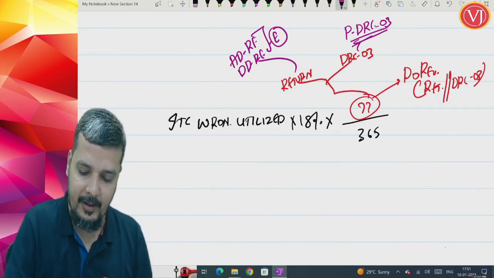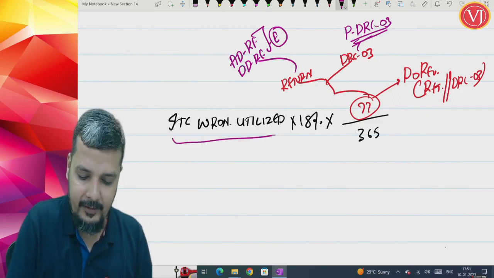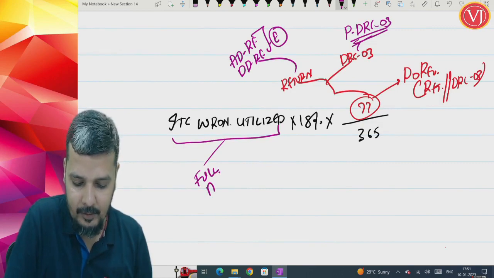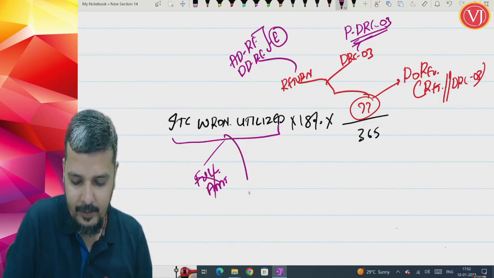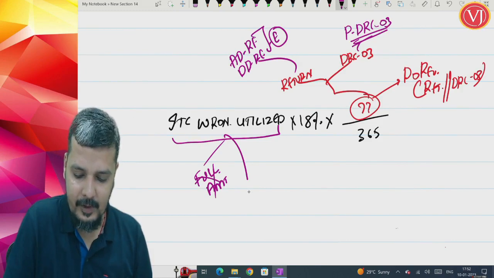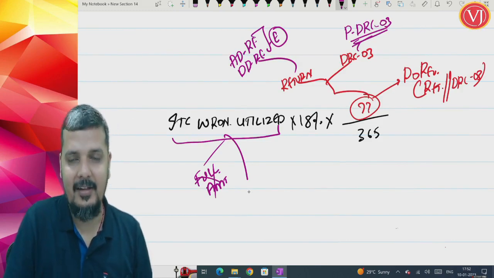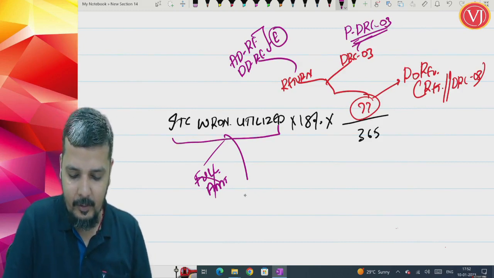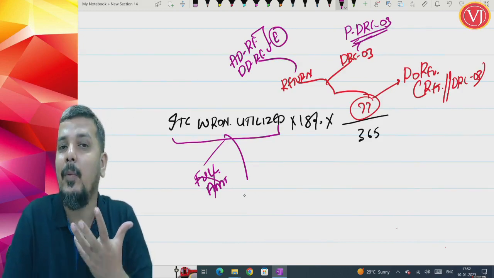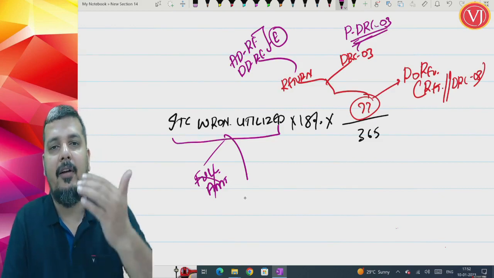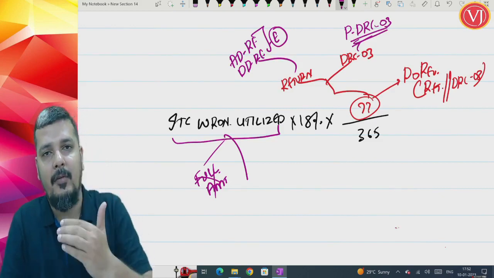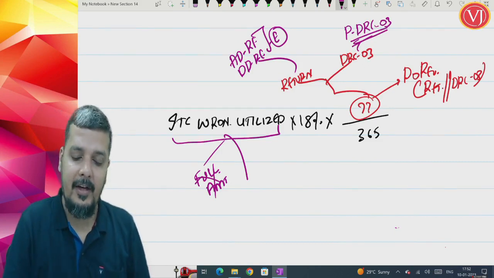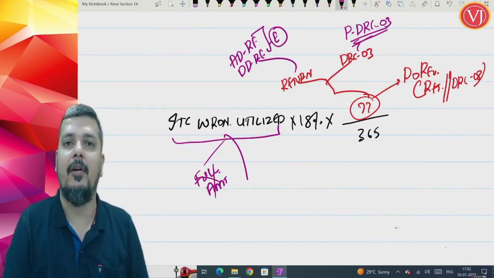And another important aspect here is when you talk about ITC wrongly utilized, it is not the full amount. It is what particular amount? Your ITC wrongly availed amount till the new balance of credit ledger. So if at all wrongly availed ITC is 1 lakh and your ITC balance falls below 1 lakh but it remains at 75,000, so ITC wrongly availed is 1 lakh but wrongly utilized is only 25,000.